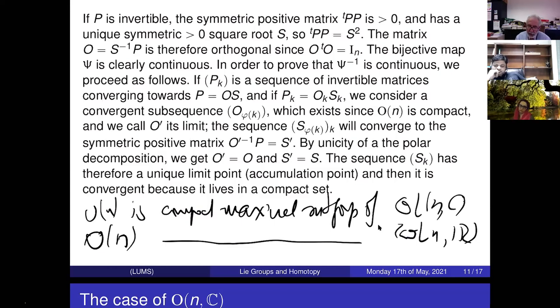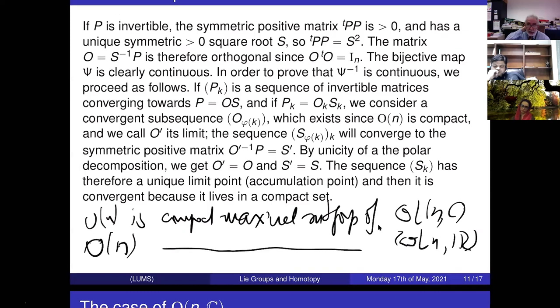All compact maximal subgroups of GLNC are conjugate to UN, and the same for GLNR: its maximal compact subgroups are conjugate to the orthogonal group. This means that the orthogonal and unitary groups appear naturally as soon as we look for compact subgroups of GLNC and GLNR, and the topology of GLNC and GLNR is essentially, up to a Euclidean space, the topology of one of its compact maximal subgroups.